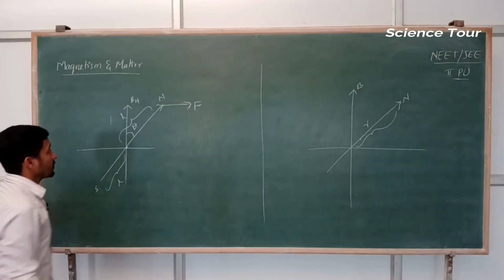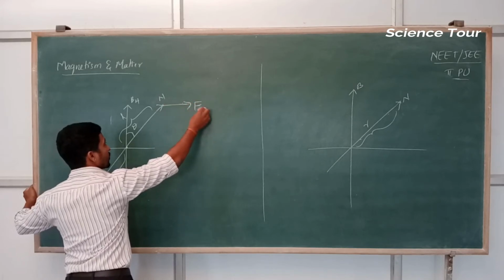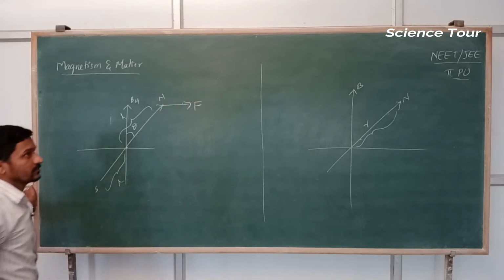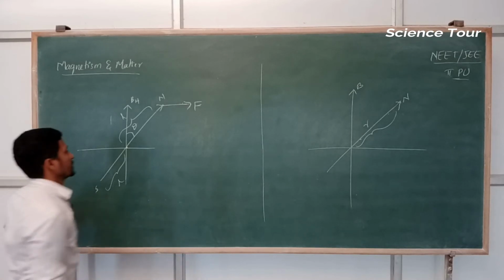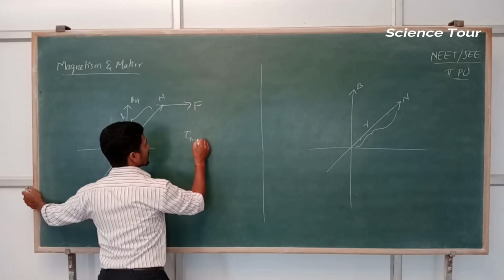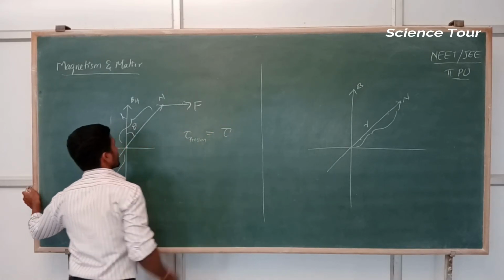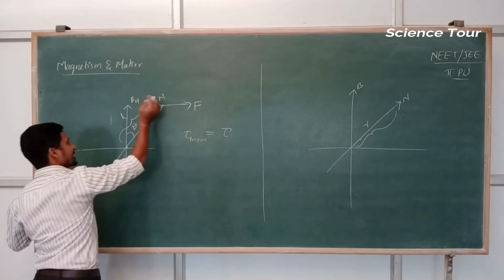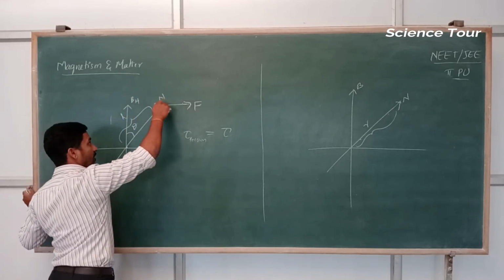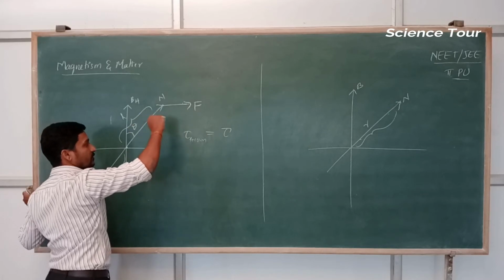Now what happens when you rotate it once again, with some string applying force? Then what is the tension? The tension is nothing but the torque because of tension, isn't it? Some torque is there in the opposite direction, and in the same way it is going to come to equilibrium.